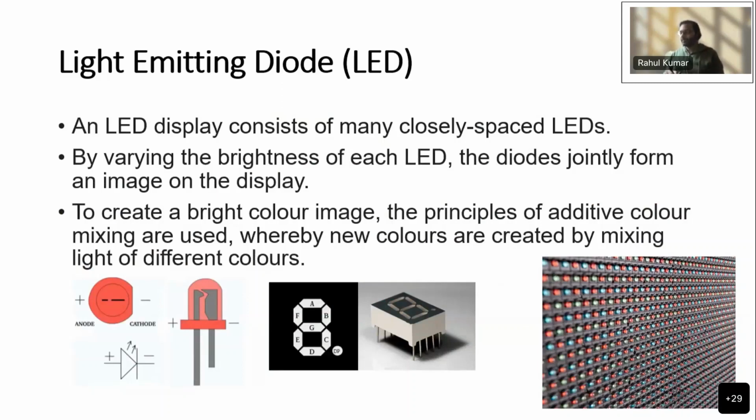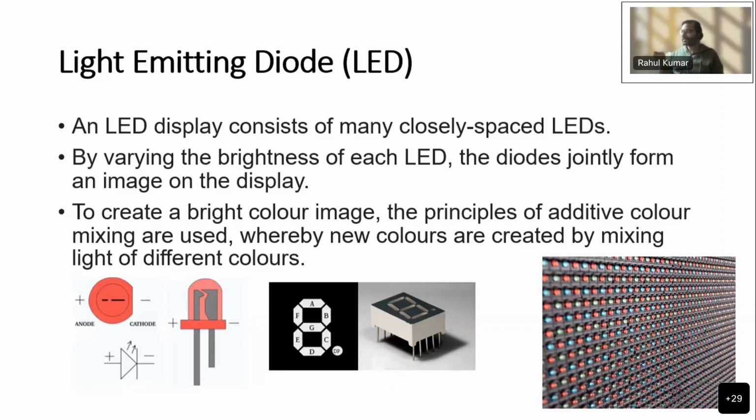Light emitting diode. So LED is basically an electronic device which is made out of semiconductor materials. I'm sure that you might have already read about semiconductor materials and LEDs at some point.